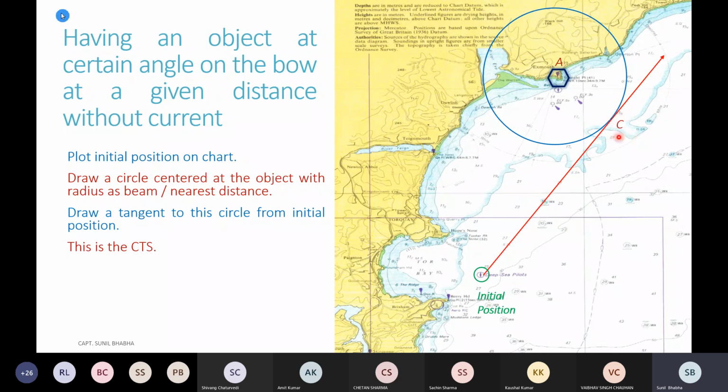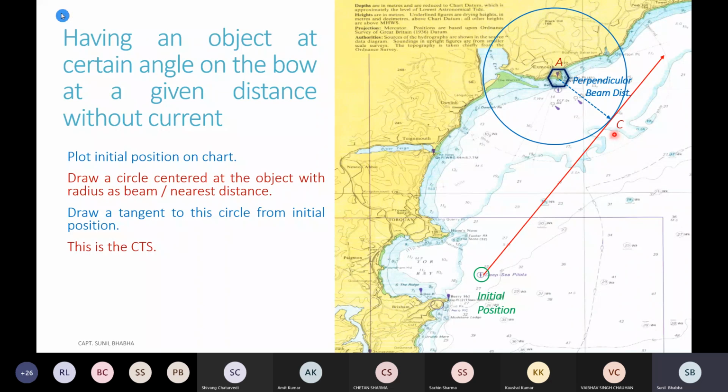Now the point where this tangent touches the circle, the tangential point, let's name that point as C, Charlie point. We know the radius of this circle, which is shown by this dotted line Alpha Charlie, is equal to my beam distance or nearest distance.